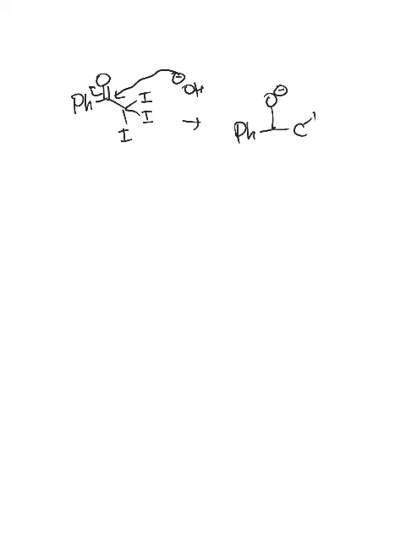So at the end of the last problem, we formed the triiodocarbonyl. Hydroxide can then add into the carbonyl to form this, and then we can reform the carbonyl and kick out the leaving group.